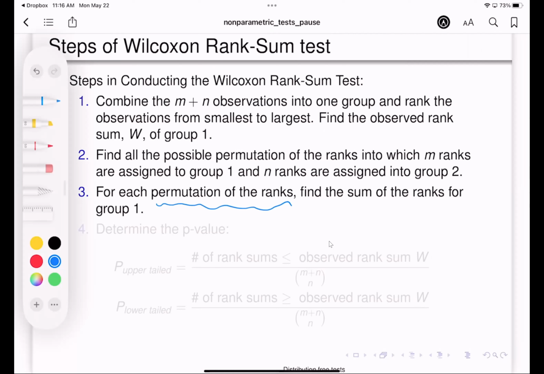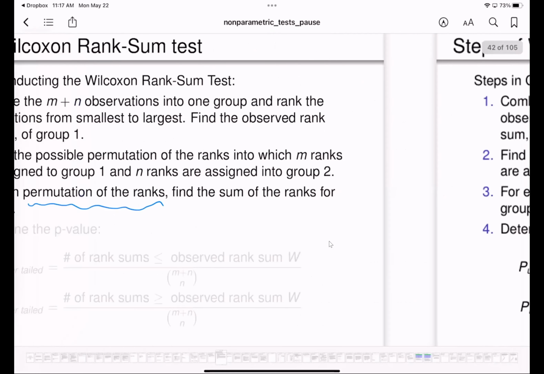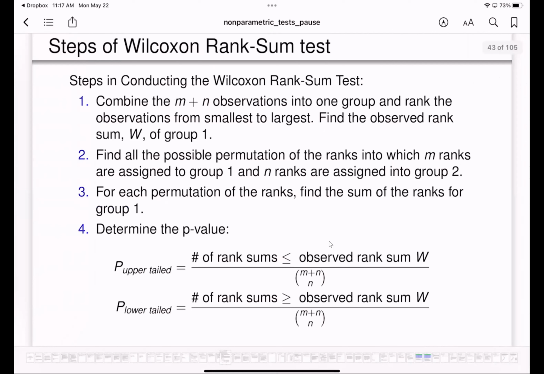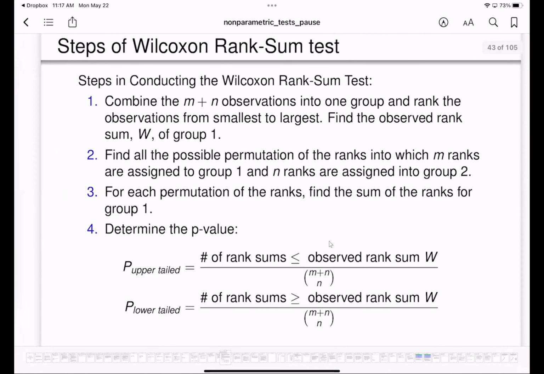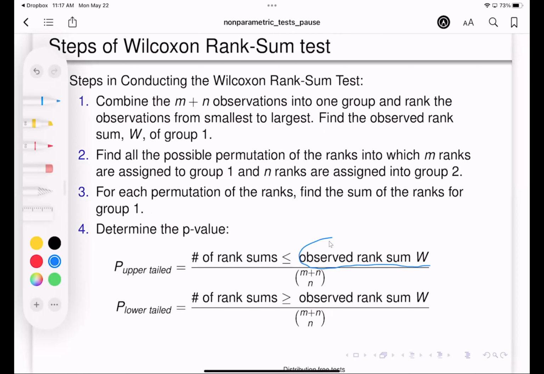Once we have all these possible ranks considered, then we sum the ranks for group 1. There will be many different sums for group 1. Then we consider the number of sums of the ranks in group 1 that are less than or equal to the observed sum of the ranks calculated from the data. This is the only part that relies on the data. The other part comes from all possible scenarios. And this is for the upper tailed test.